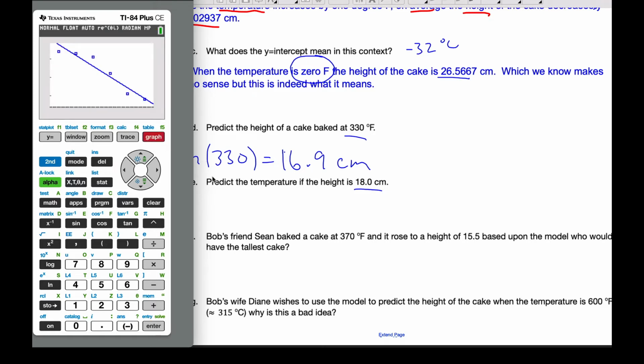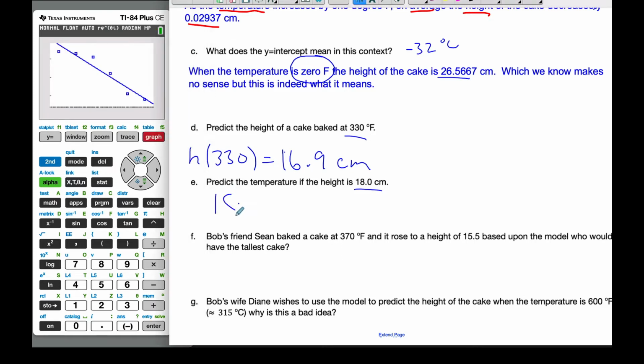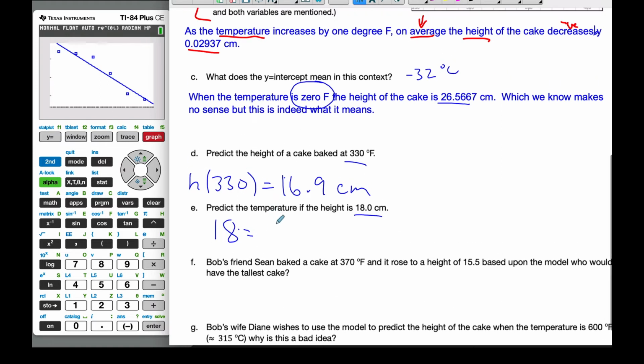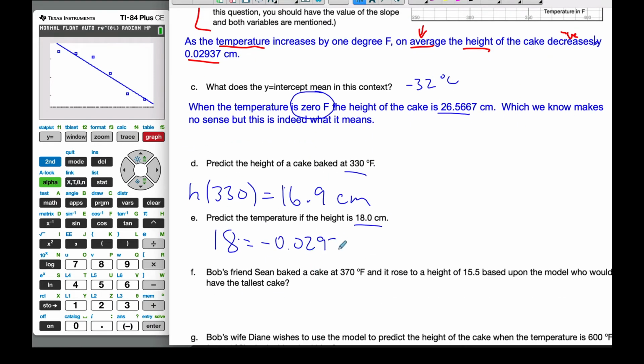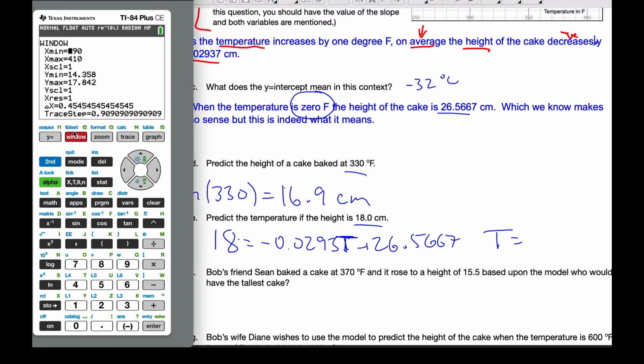While it's graphing, I'm trying to solve the equation: the height is 18, and it's negative 0.0293 t plus 26.5667. The t is not shown on my graph yet because I have to change my window to make sure it includes 18. So if I go to my y maximum, I make it 19, so I catch it.